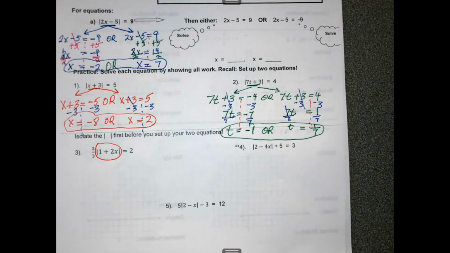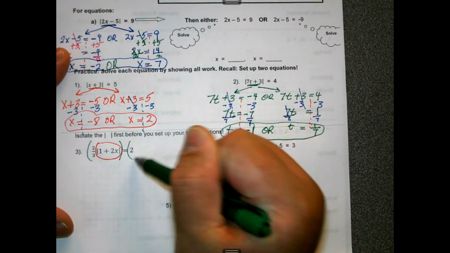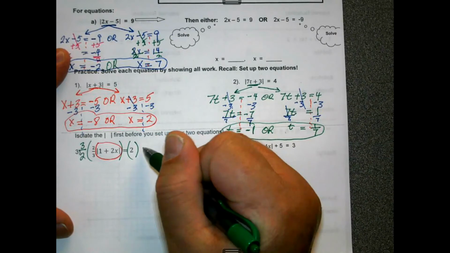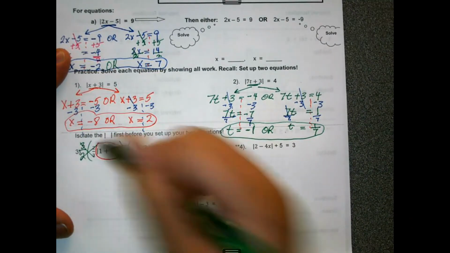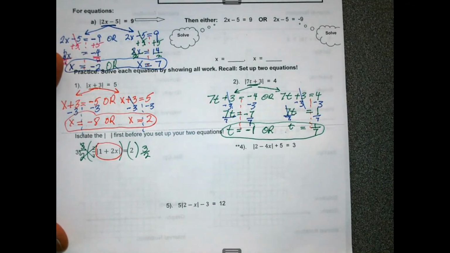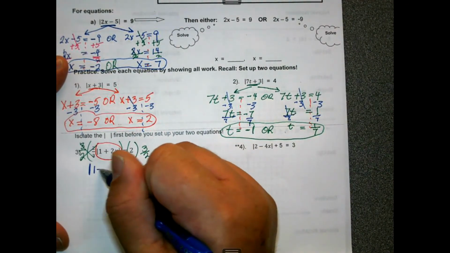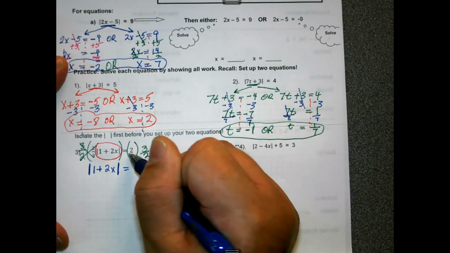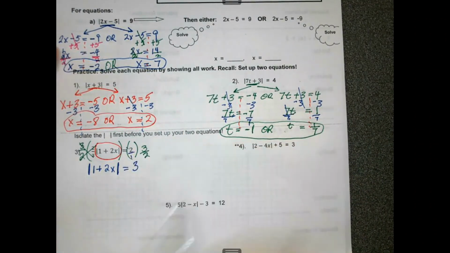What's the easiest way to get rid of a fractional coefficient? Yep, multiply both sides by the reciprocal. Cancel the 1. I get my absolute value of 1 plus 2x equals, now think of that over 1, the 2's cancel, I get 3.